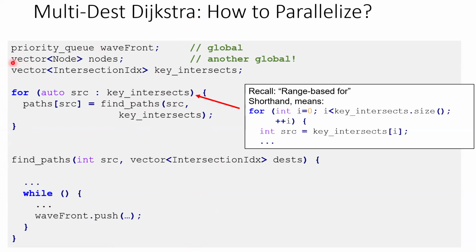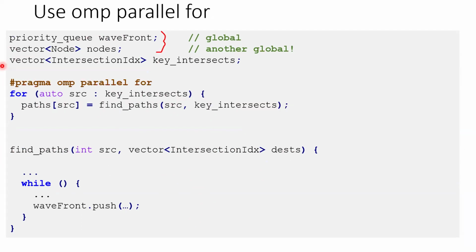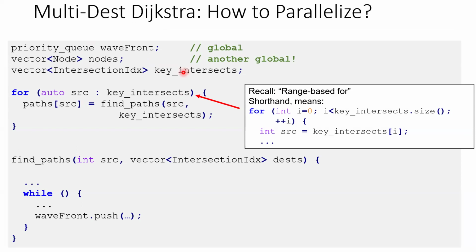And here are three global variables that we have here. So this code makes sense, right?